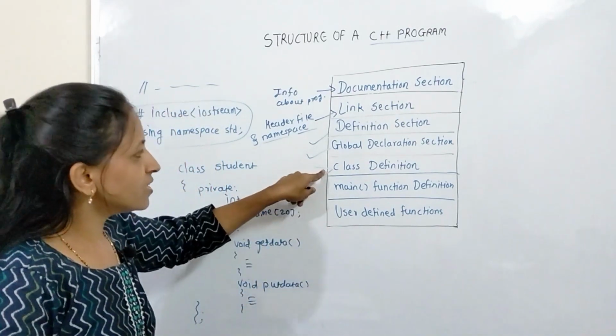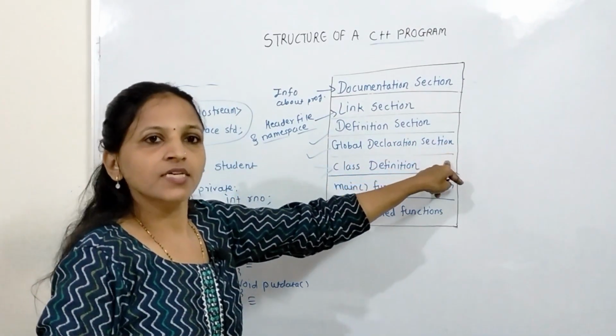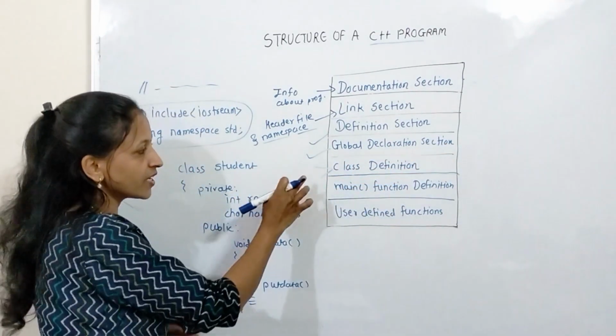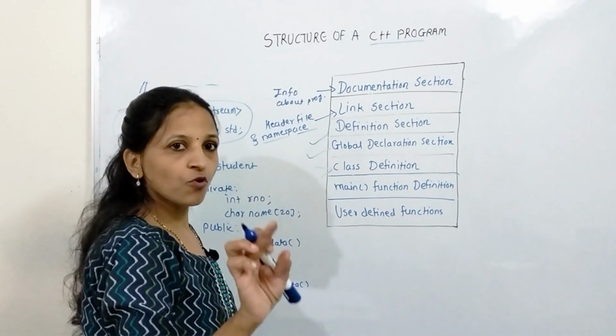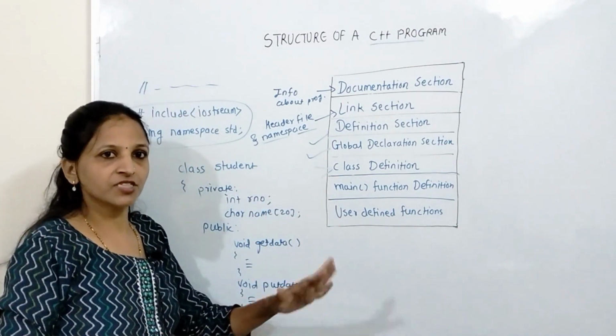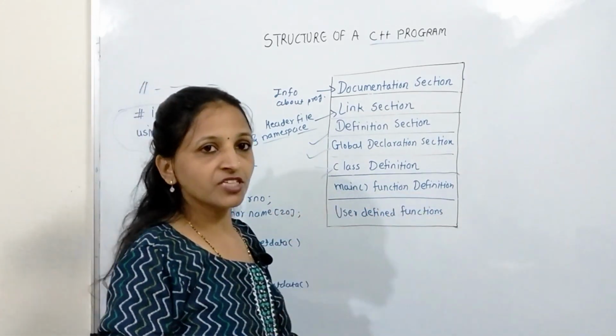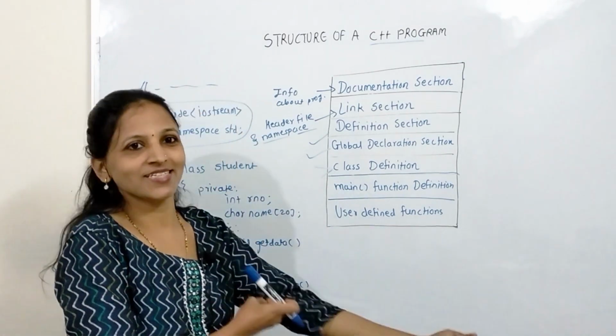Now that class definition we have to write first, after the global declaration section. Getting? Again, this one is not compulsory. If you want to use object orientation in your program, only then use this class definition section. Now the next one is the main function definition. This is always compulsory.